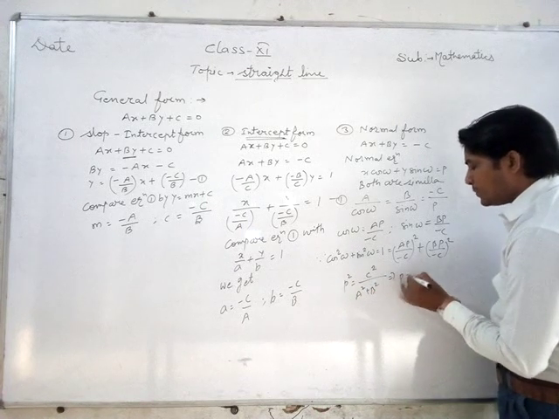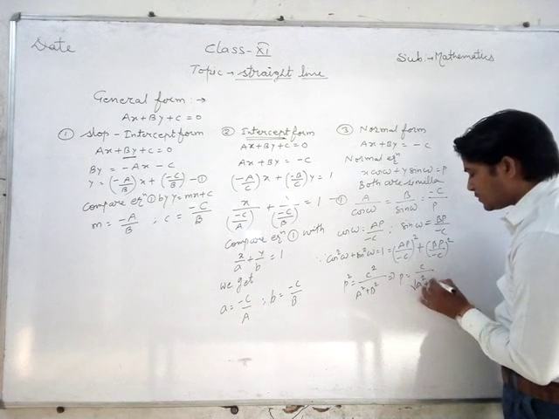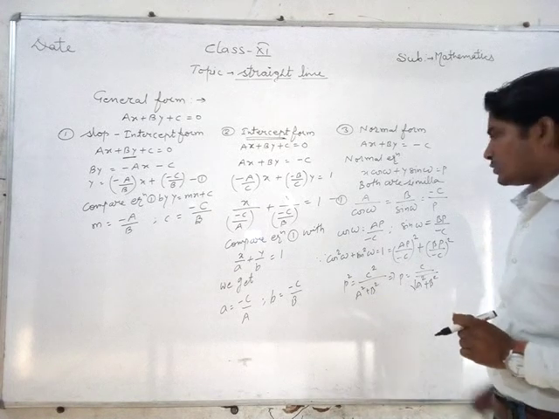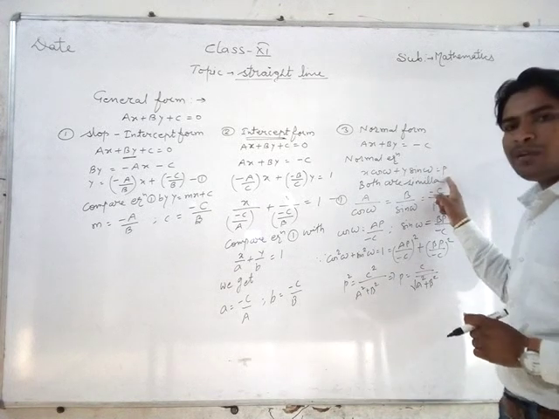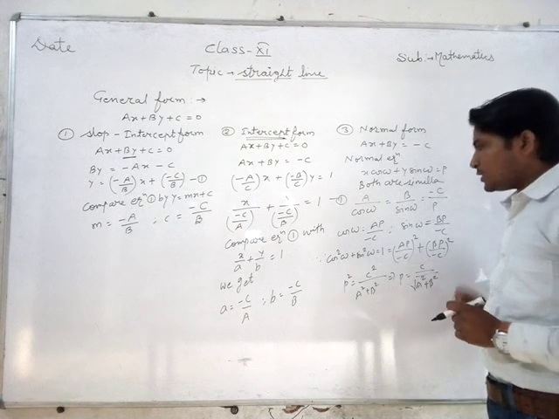Now we get p equal to c upon under root of a square plus b square. Since p is a distance from the origin to the normal, it can never be negative, so we write it as positive.